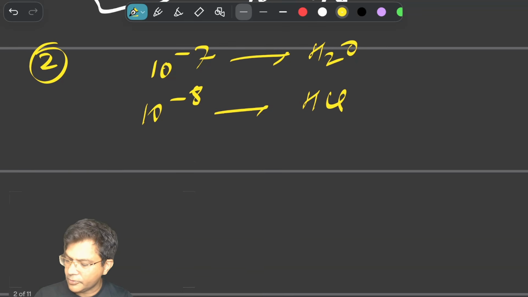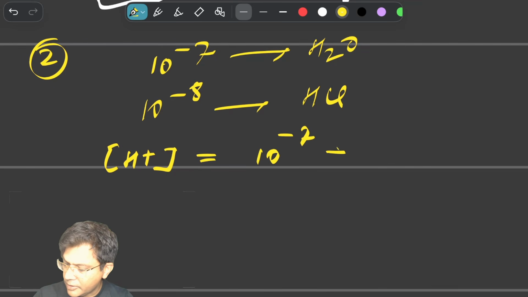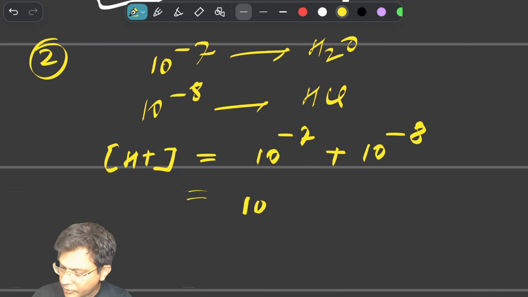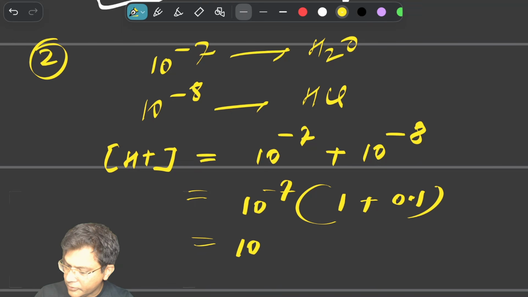So total H plus is 10 raised to power minus 7 plus 10 raised to power minus 8. Now take 10 raised to power minus 7 common: 1 and 0.1, so 1.1. So 10 raised to power minus 7 into 1.1.